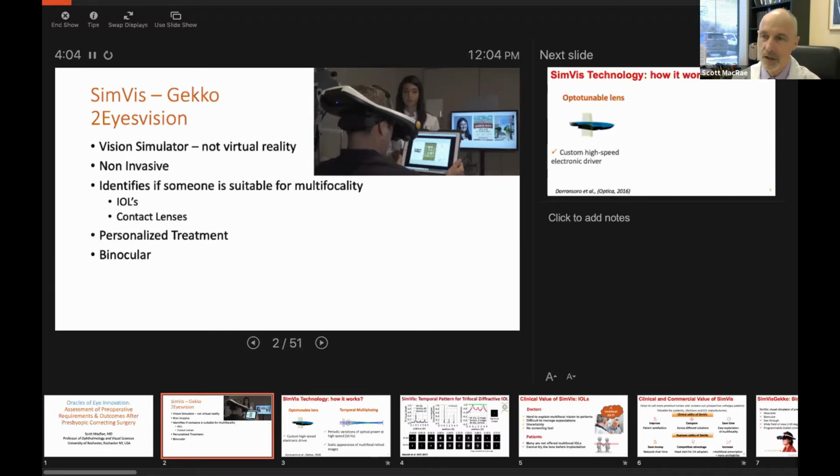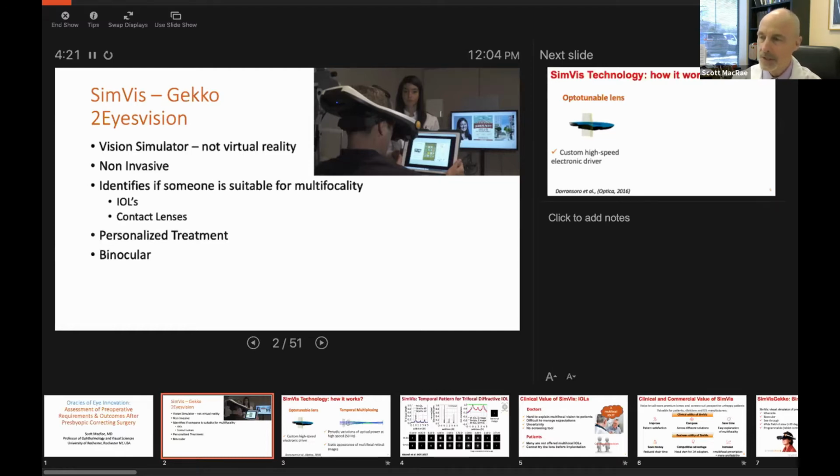And it looks like a virtual reality system, as you can see here on the upper right, but it's not virtual reality. You're actually simulating different things that we see at distance and near under different lighting conditions as well, in a very systematic way.